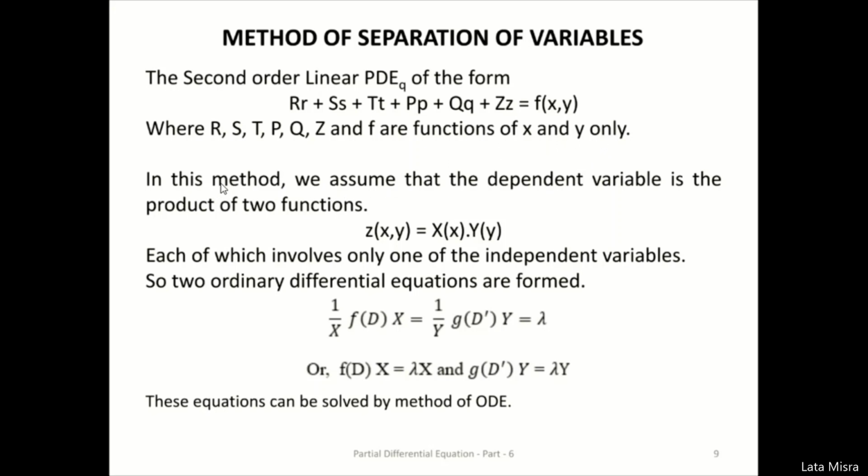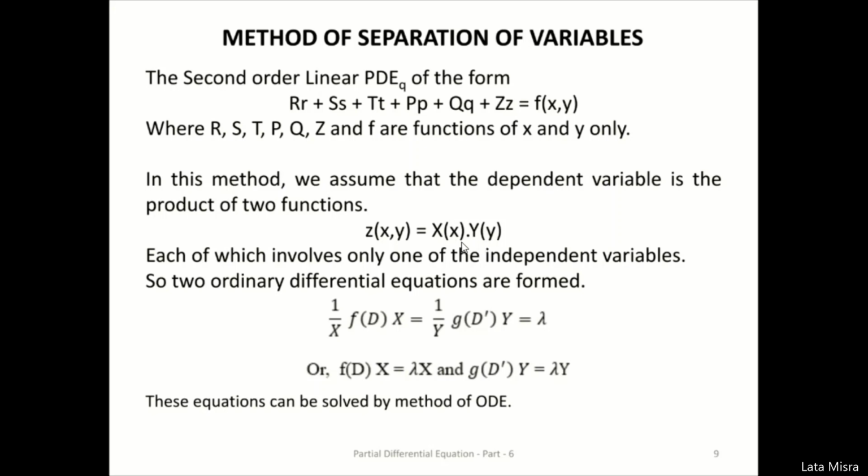In this method, we assume that the dependent variable z is a product of two functions: capital X is a function of small x and capital Y is a function of small y.